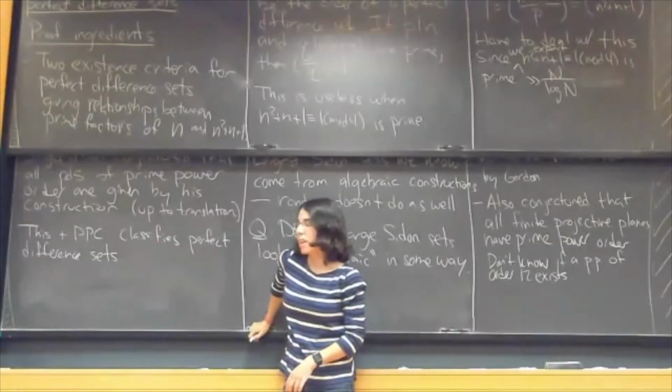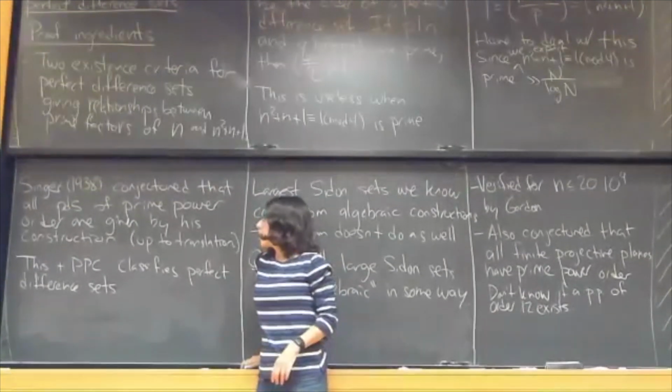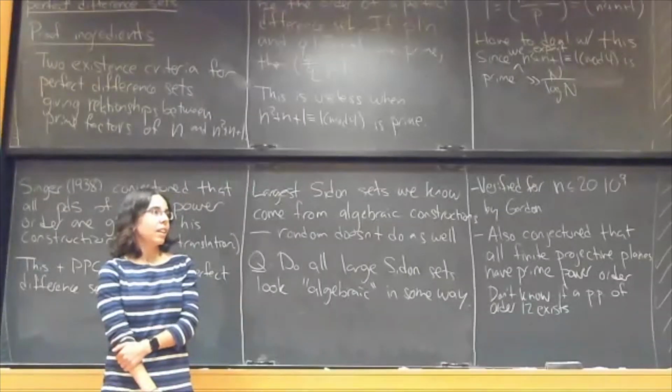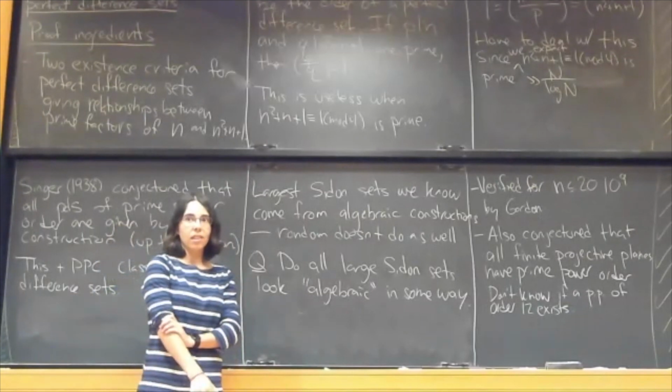Are you going to say a word about Mann's theorem? Is that something we just take as a black box? Yeah, you should just take it as a black box. Is it hard? Not really, if you know the multiplier theory of perfect difference sets.